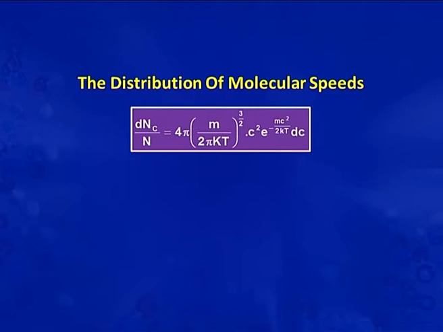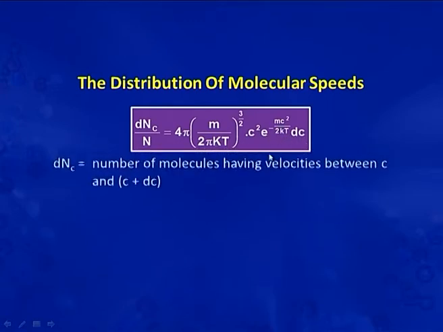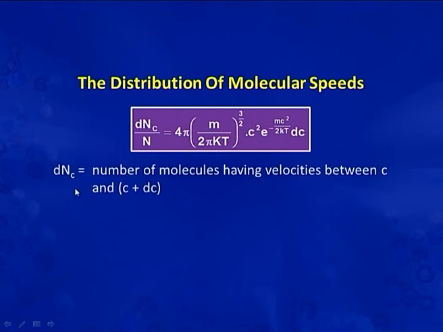The equation is dNc by N equals 4π times (m by 2πkT) to the power 3 by 2, into c square, e to the power minus mc square by 2kT, into dc. Here dNc is the number of molecules having velocities between c and c plus dc.